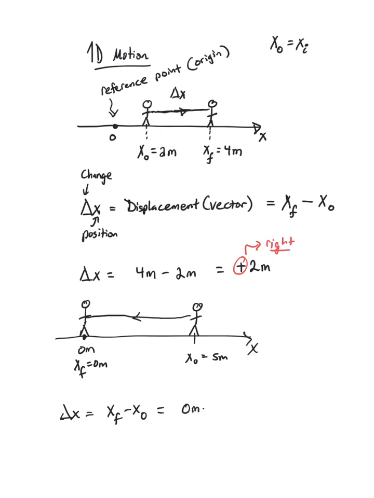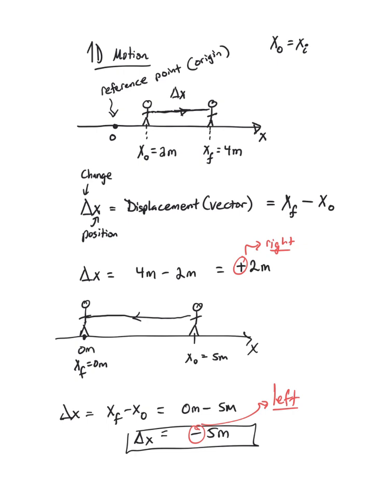Our final position is 0, the origin, the reference point, minus the initial position, which is 5. So now we have a negative displacement, negative 5 meters. Remember that the sign of the displacement in one dimension indicates direction. The negative sign means the displacement was to the left. So the person ended up to the left of where they started.